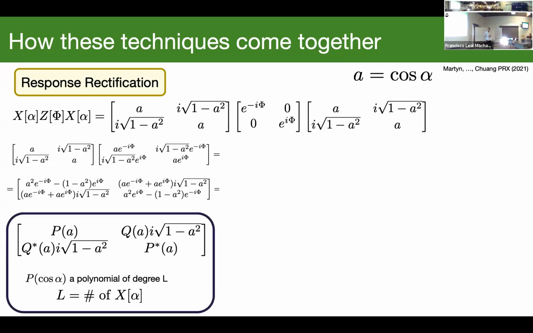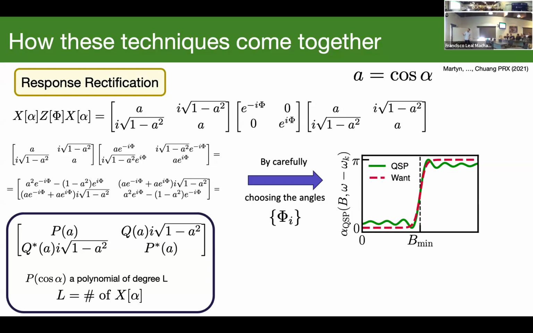Crucially, this P of cosine alpha is a polynomial of the degree of the number of operations that I perform. So if I want a particular response of my qubit, I can try to build it by finding a polynomial approximation to whatever I want.